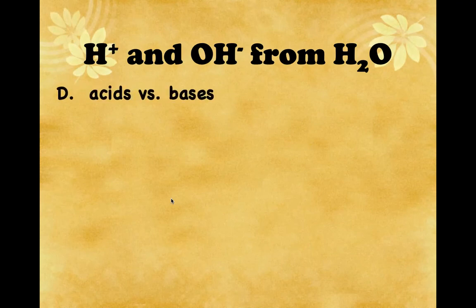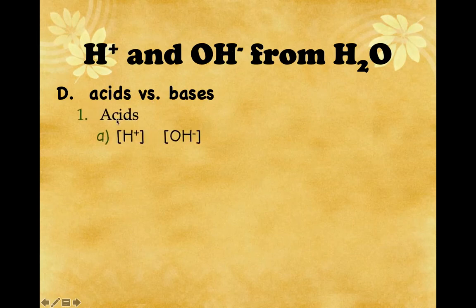So talking a little bit more about H plus and OH minuses. If we have an acid, remember that definition is because H pluses are floating around. If we have a base, that's because by definition OH minuses are floating around. So if I have an acid, if I compare my amount of H plus concentration in molarity to my amount of OH minus concentration in molarity, remember that's what this bracket means, acids will have a higher H plus concentration.